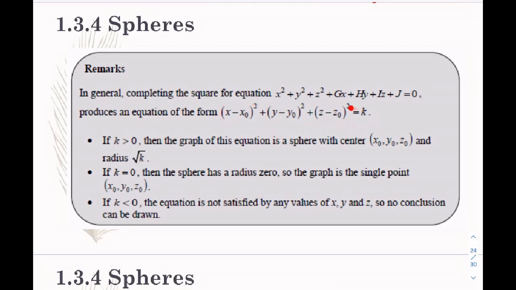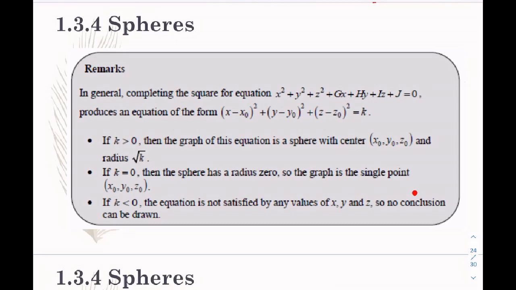Okay, we have done this in the previous example, but if k is greater than 0, then the graph of the equation is a sphere with center (x0, y0, z0) and radius square root k. Yes. Okay, this one is the main idea.